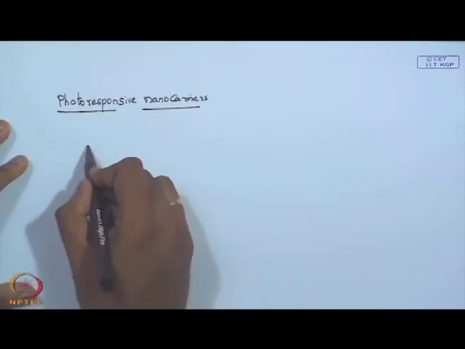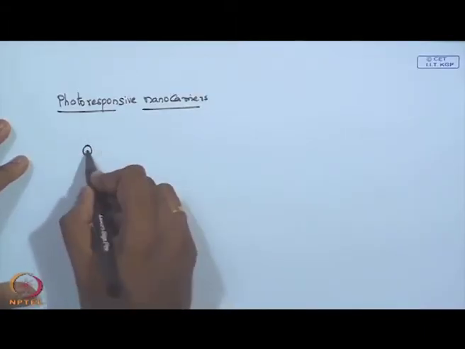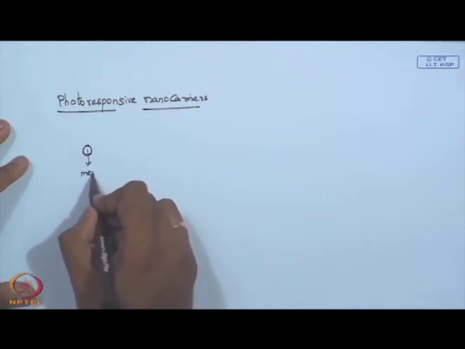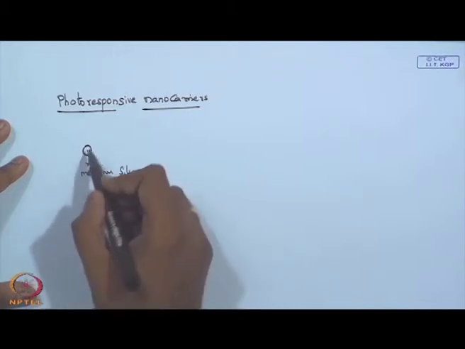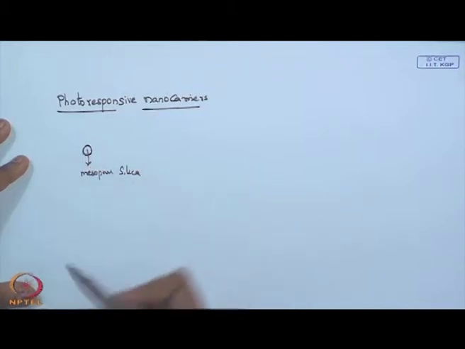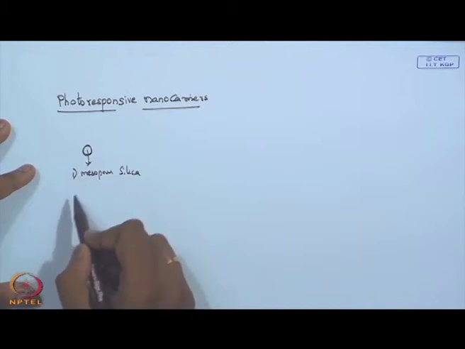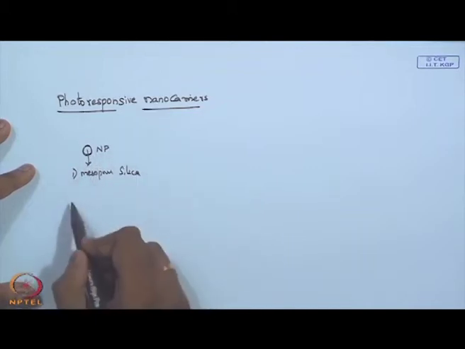What is that? Again, it is a photoremovable protecting group, but now the photoremovable group is attached to a nanoparticle. So what advantage is that going to give you? For example, people are using mesoporous silica as the nanoparticle.